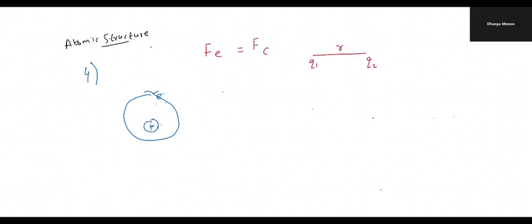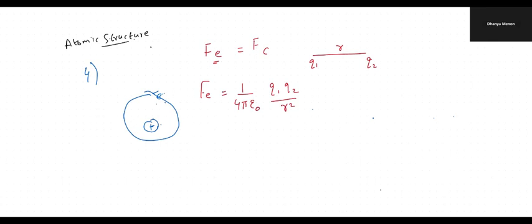Then electrostatic force of attraction, which is between charges, is given by 1 by 4 pi epsilon naught, Q1 Q2 by r square.